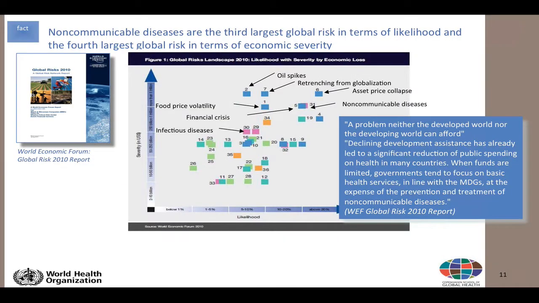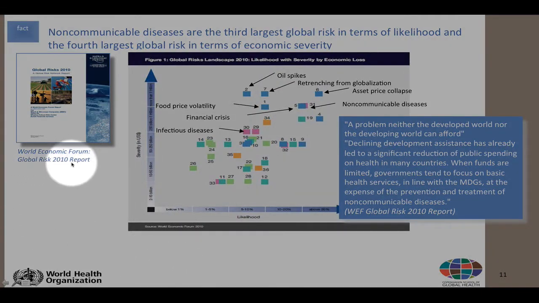Finally, another agency other than the WHO, an NGO, actually a private foundation, the World Economic Forum, based in Davos, Switzerland, came out with a global risk report in 2010.